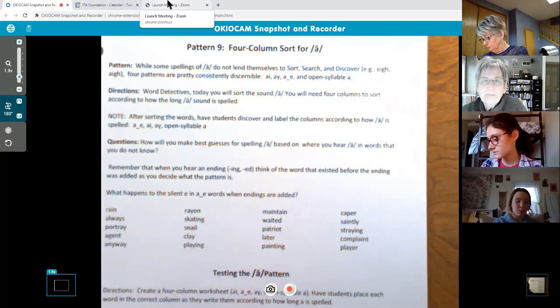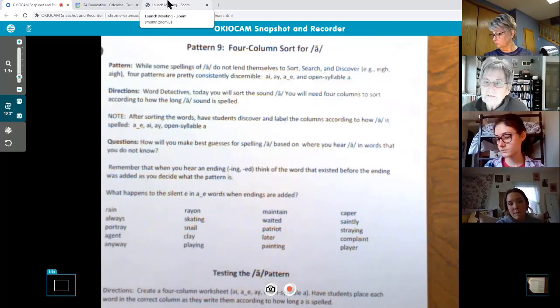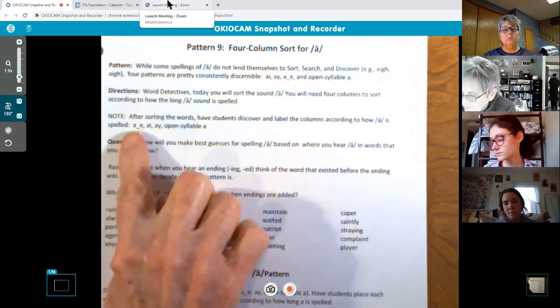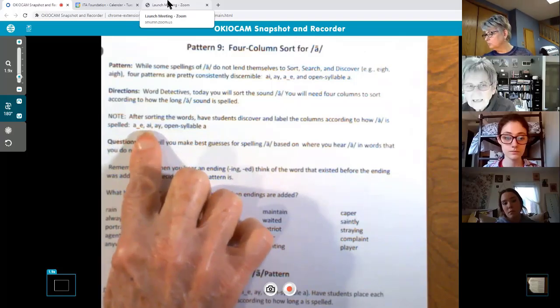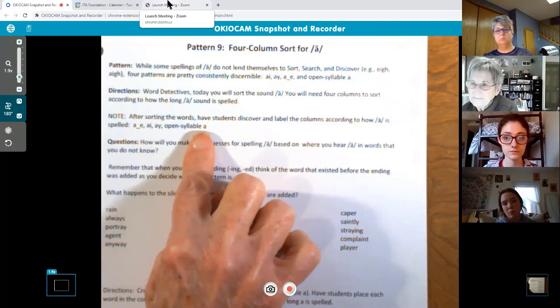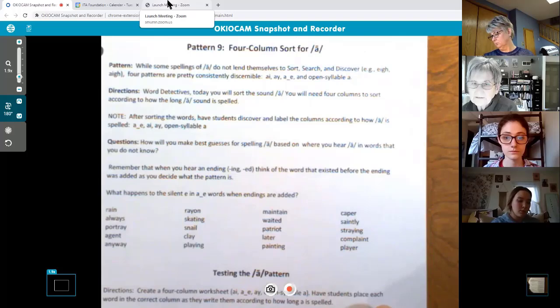So today you're going to do A again, and this time you'll need 4 columns. They need to label the columns according to how A is spelled. The labels would be AE, AI, AY, or open syllable A. That's the labels after they sort.